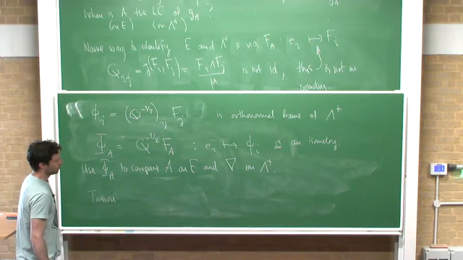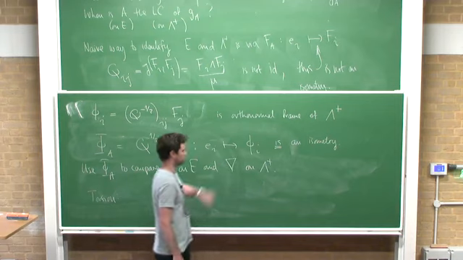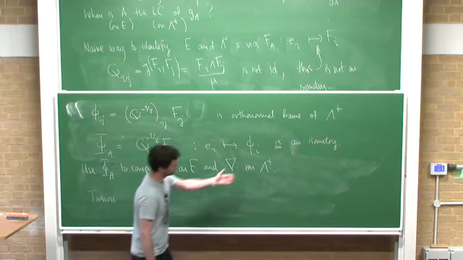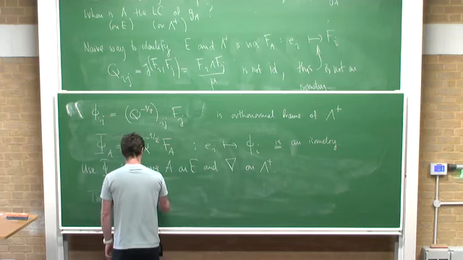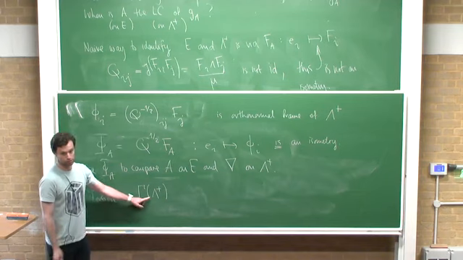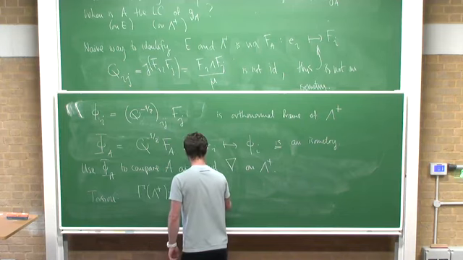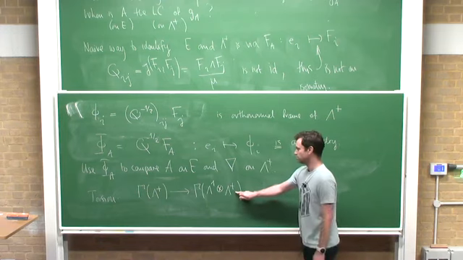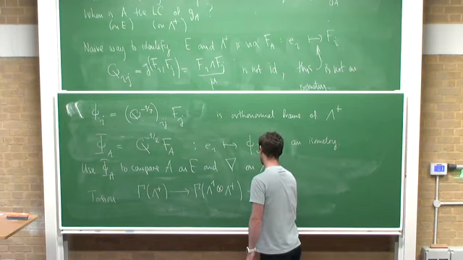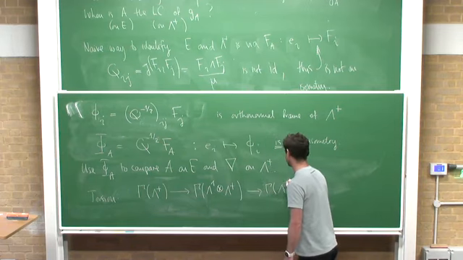Maybe you're more familiar with seeing the torsion of a connection on the tangent bundle or the cotangent bundle rather than on the bundle of self-dual two forms, but it's exactly the same thing. You take a section of the bundle of self-dual two forms, you take its covariant derivative to get a one form with values in self-dual two forms, and then you skew over all of the indices to get a three form.